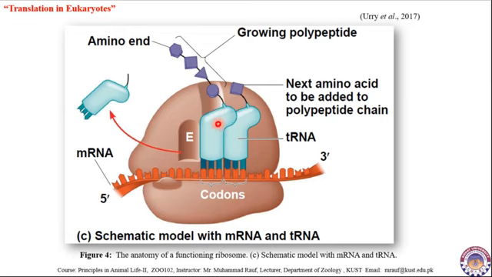You can see the tRNA located at the P site is holding the growing polypeptide chain. The A site holds the tRNA carrying the next amino acid to be added to the polypeptide chain. This is the A site, and it is holding an amino acid, and it has established complementary association with the codons on the mRNA, and when these two slots are filled, then there will be a displacement.